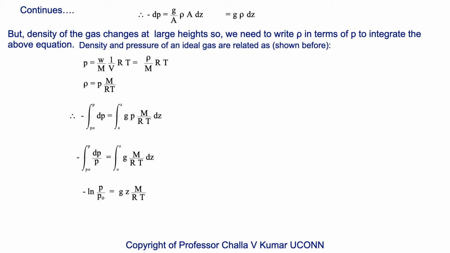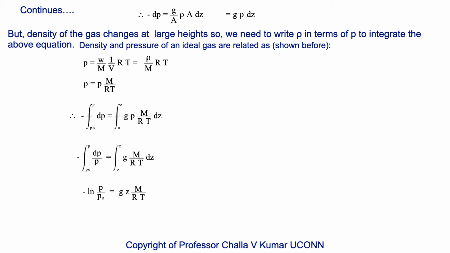Now, if you have any difficulty in integrating the above expressions, please go back, look at the math details, look at your integral calculus, find out how to set limits, find out how to integrate simple functions such as 1 over P dP and dx in these cases.